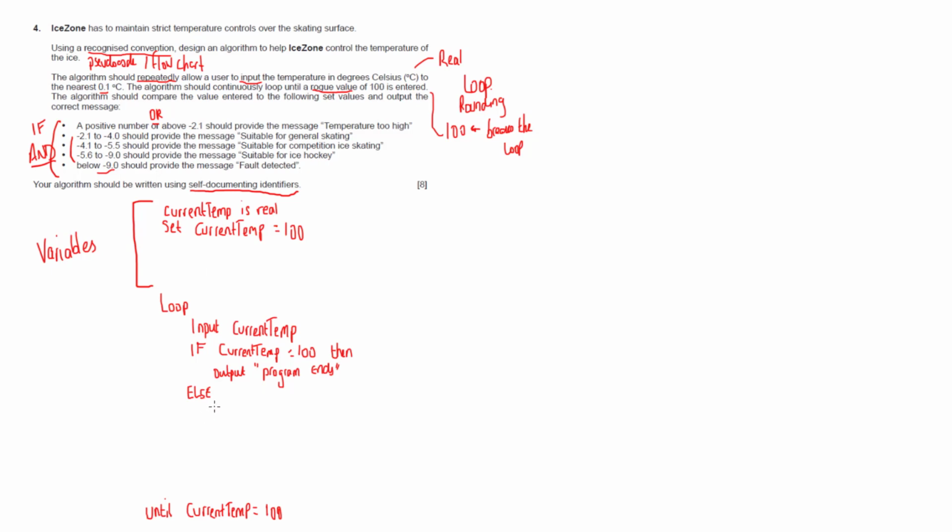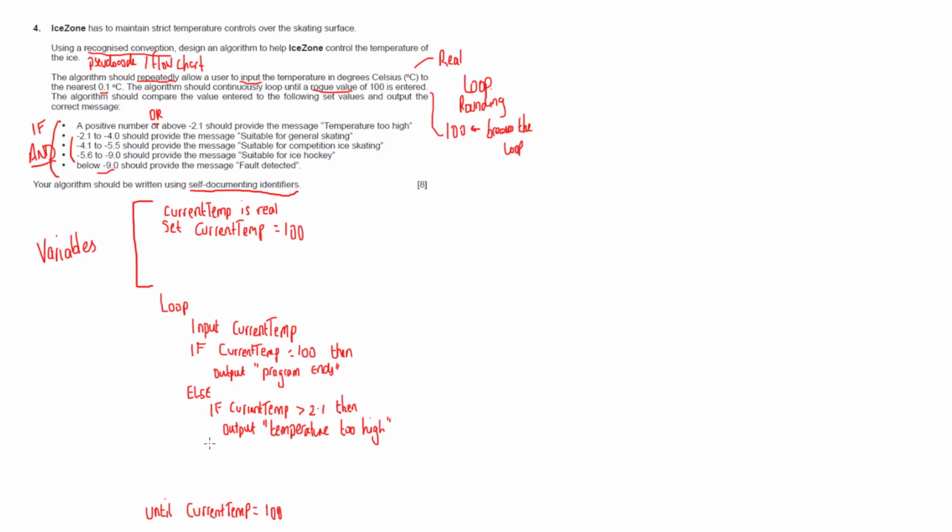And this is a top tip really, make sure you indent. It's much easier for the examiner to read, and it's much easier for you to read as well and keep track of. So current temp is greater than 2.1, then output temp too high. Okay, that's the first one there.